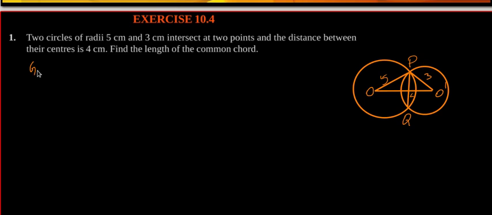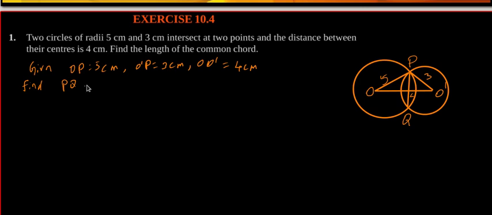Here what is given? Given that OP equal to 5 cm, O dash P equal to 3 cm, and the distance between their centers is 4 cm. We have to find the length of PQ.